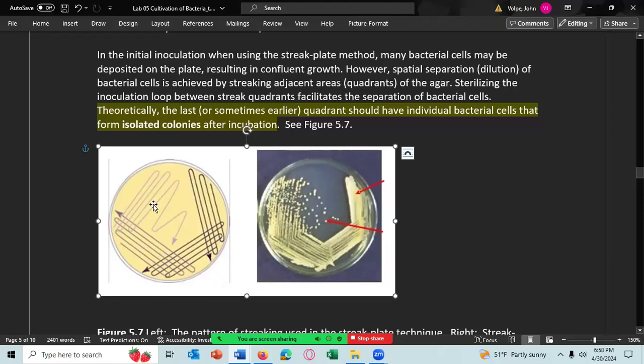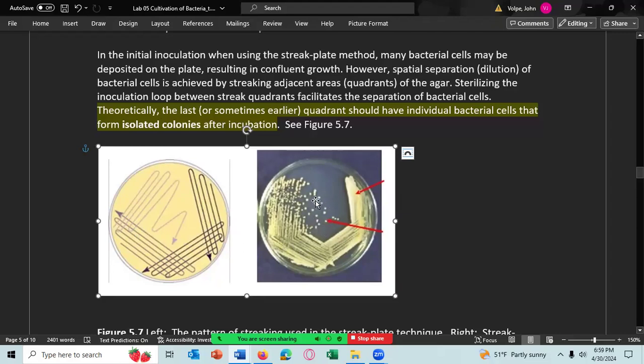And quadrant 4, they've done correctly, although they should probably start over here in quadrant 4, move into quadrant 3, where it's at lower density. And then streak out quadrant 4, coming into quadrant 3, 2 or 3 times to pick up cells. The goal is someplace along the line, you'll be putting down isolated cells, which will grow into an isolated colony.